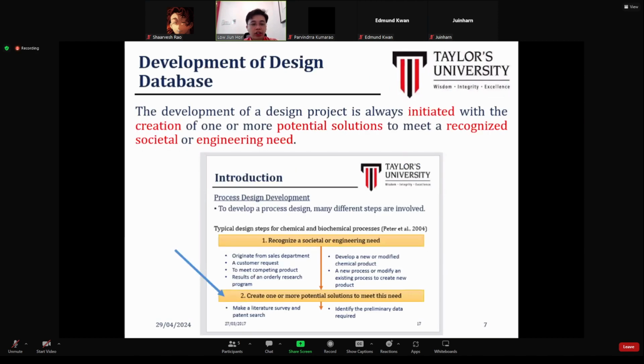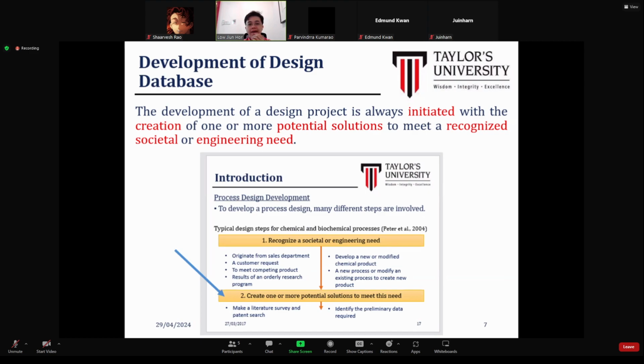In today's lecture, chapter 2, if you still remember, this is the framework introduced by Peter, similar to the flow chart that I explained in lecture 1 of the lecture notes. But in chapter 2 today, we will focus more on the second step and also the third step involved in the framework introduced by Mr. Peter.